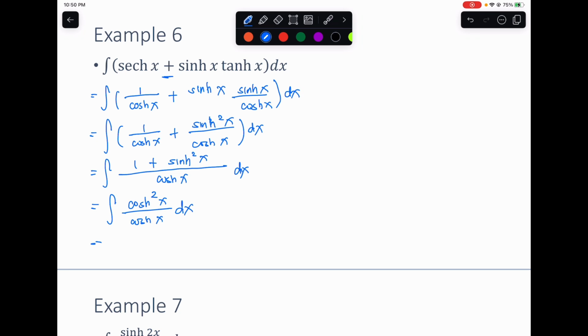So this will just reduce it further into simply hyperbolic cosine of x dx, which has a direct integral of hyperbolic sine x plus c.